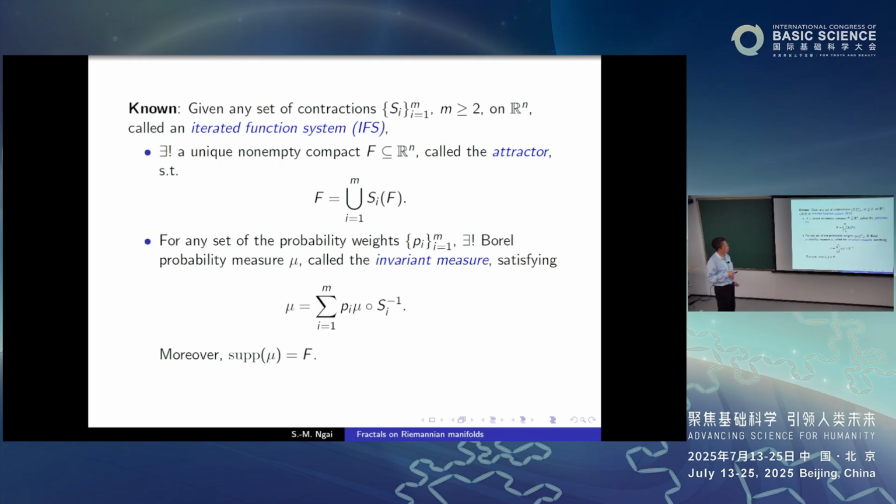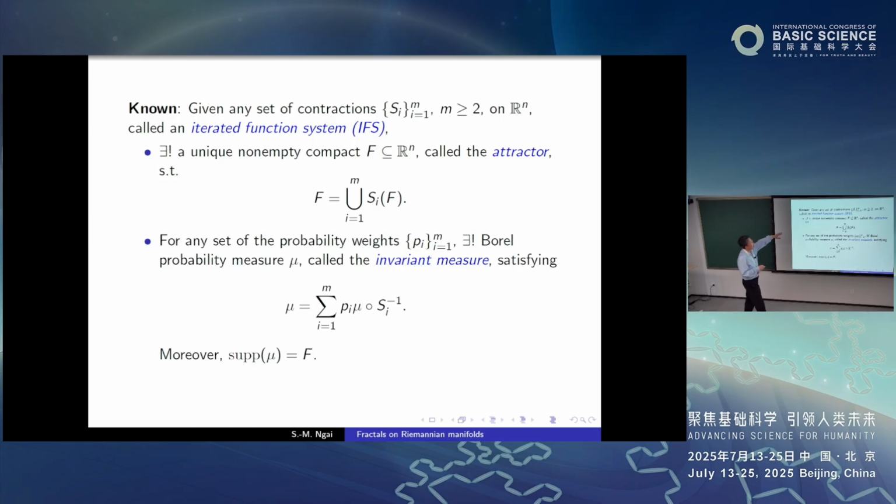So F is the union of the S_i of F. This is the fractal that we're interested in in fractal geometry. Of course, this is one way of generating fractals.